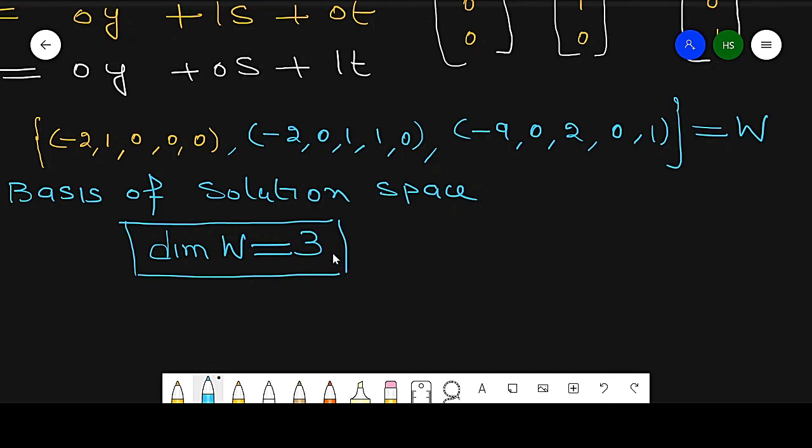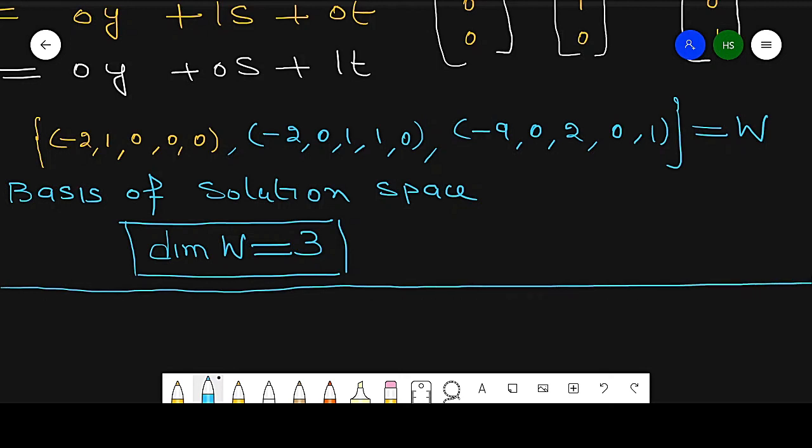Now remember that the vectors in the basis are not unique, but the dimension is unique. The dimension will always be unique, but the basis is not unique. In this way we can find the solution space of a system of linear equations.